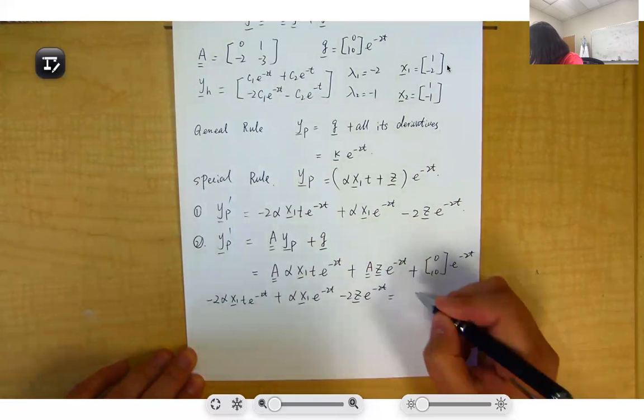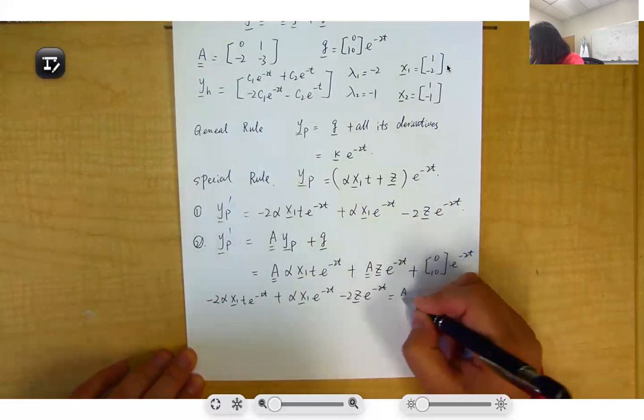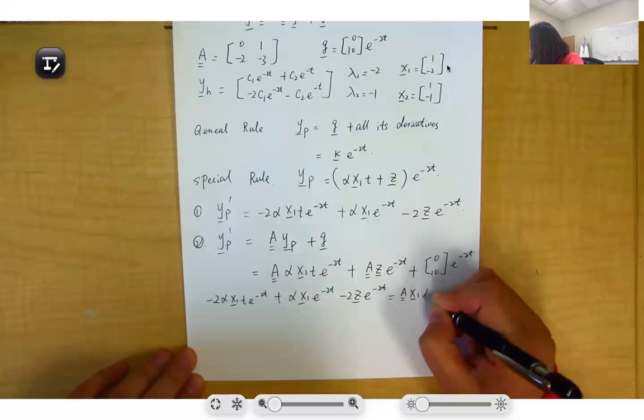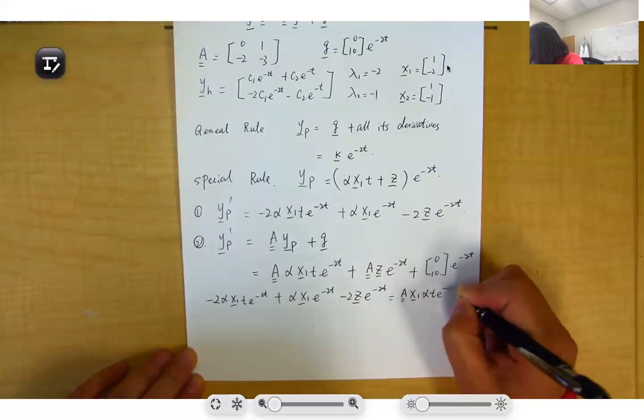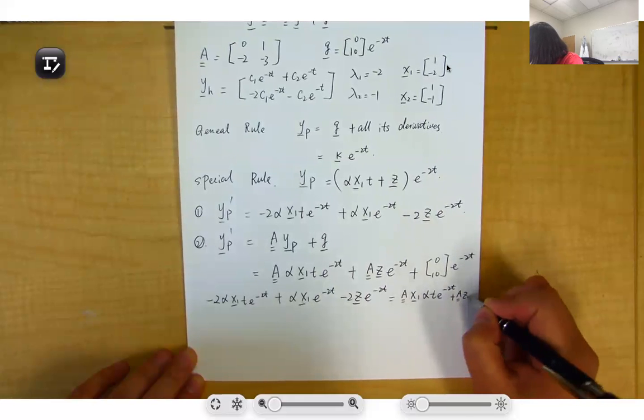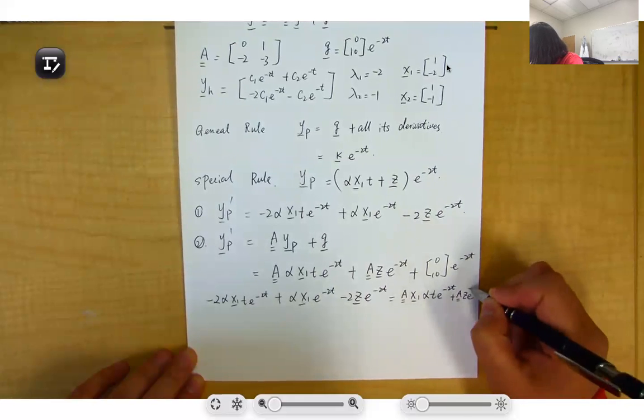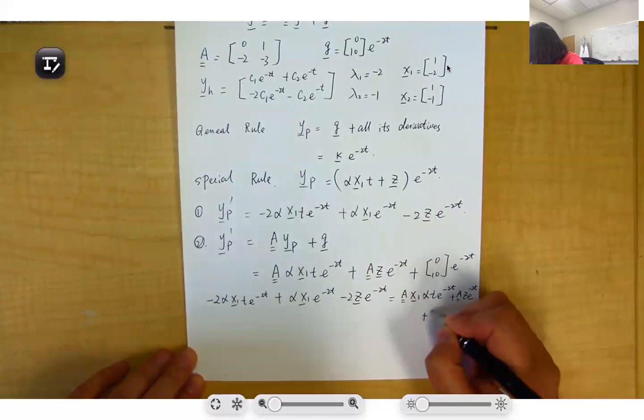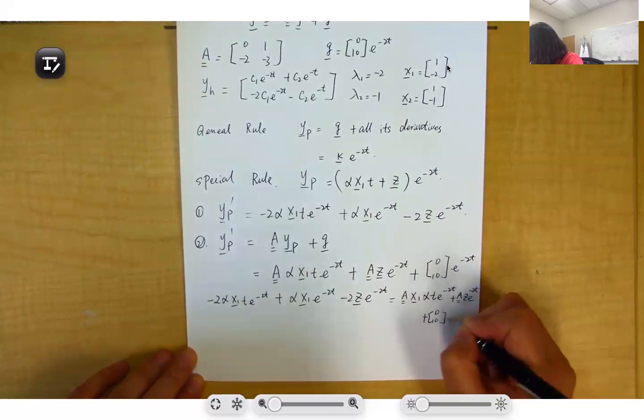That is equal to A x1 alpha t e to the negative 2t plus A z e to the negative 2t plus 0, 10 e to the negative 2t.